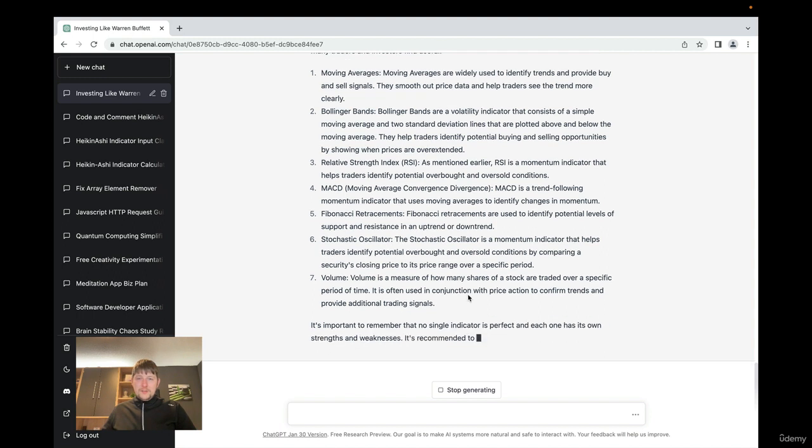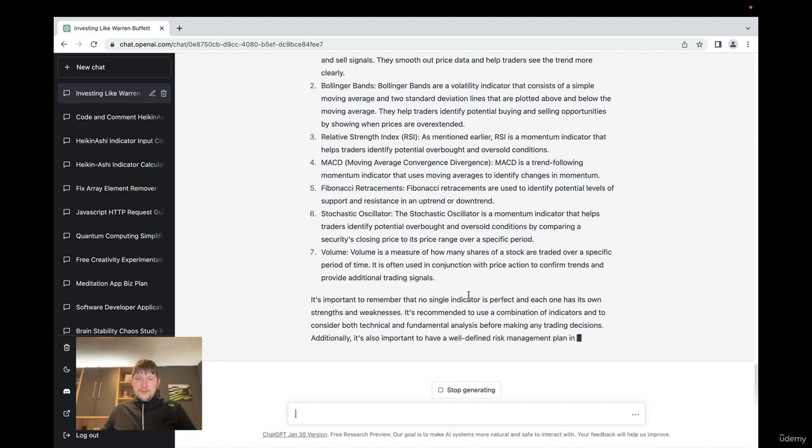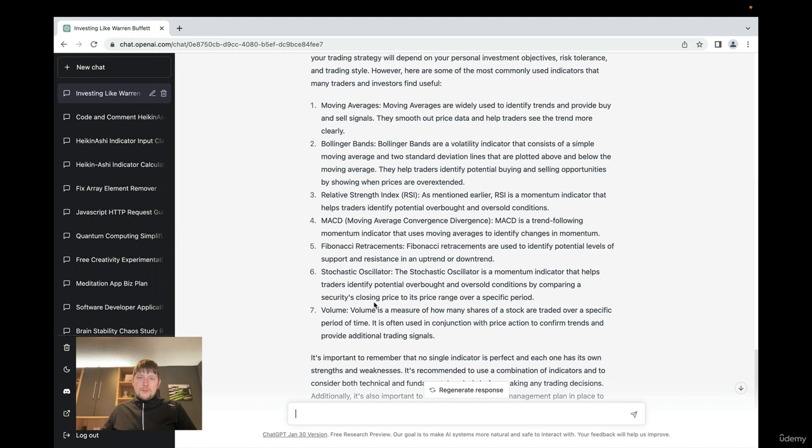And now it tells us no single one is perfect and you should combine many together and have good risk management. So now let's say we want a strategy consisting of the first three.